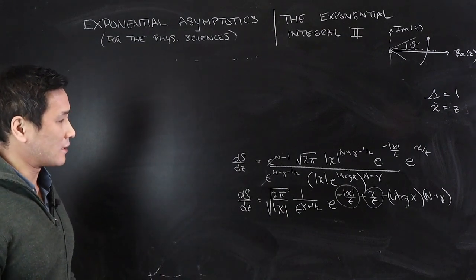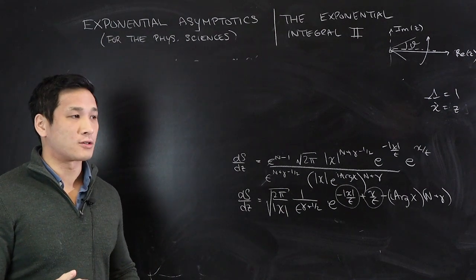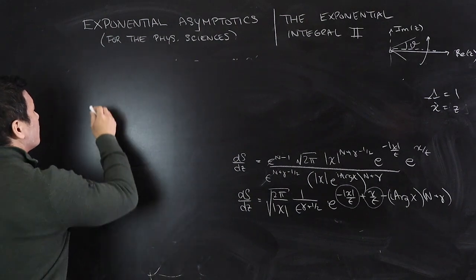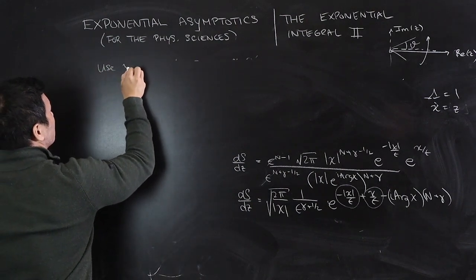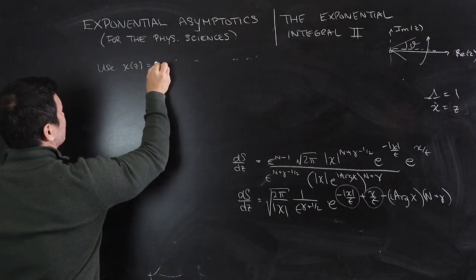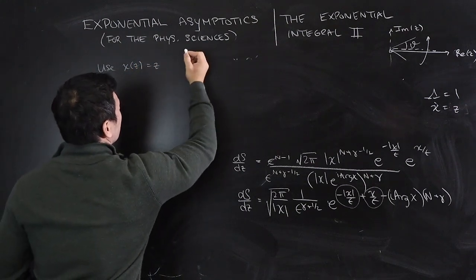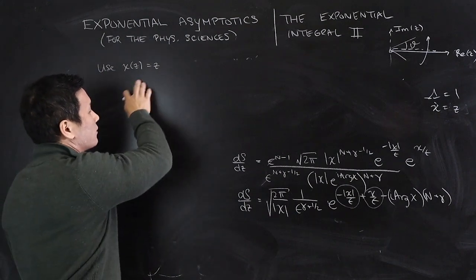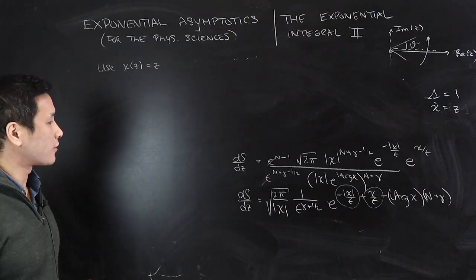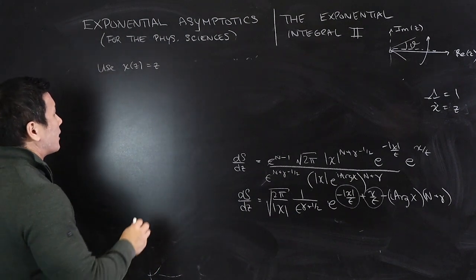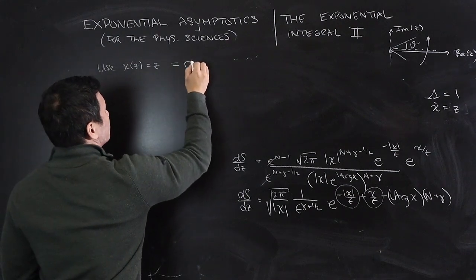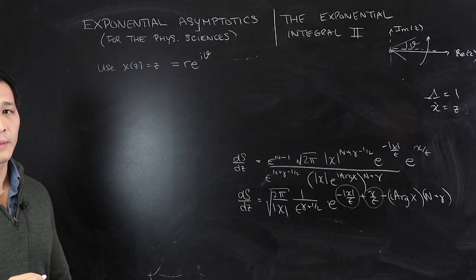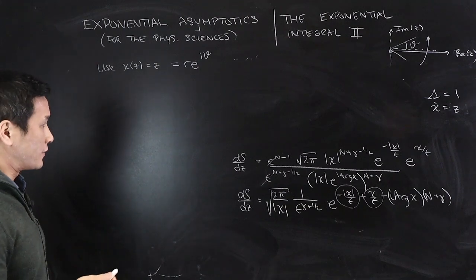Now for simplicity, I'm going to, at this point, convert to entirely using z's. Okay, so I'm going to use chi of z is equal to z. But you can do the argument in general without making this assumption. Okay? And I'm going to make a coordinate substitution and write that as r e to the I times theta. Okay, which is the obvious thing to do.